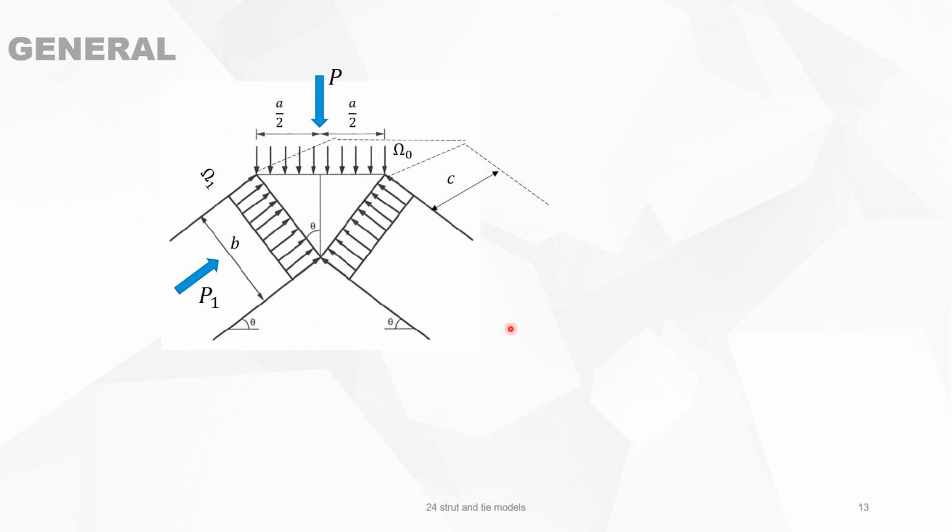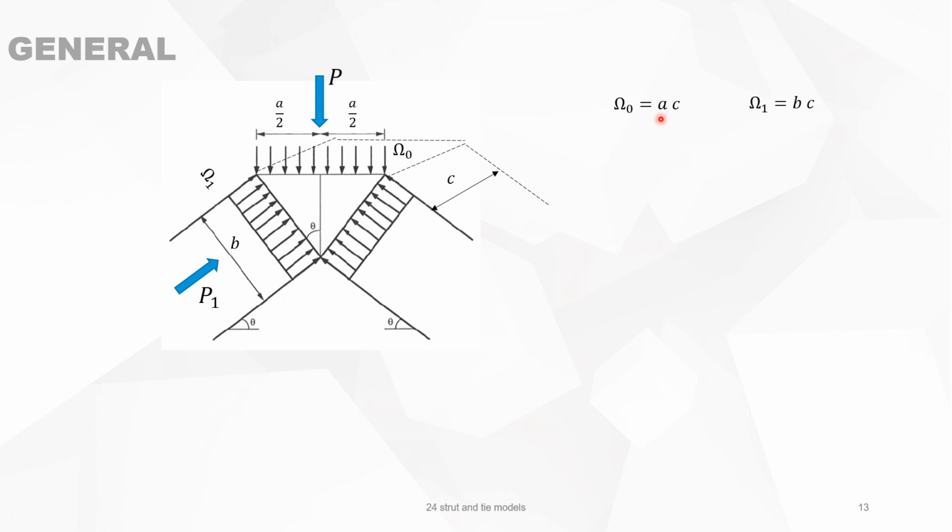Considering a node where two struts come together with the acting force, we consider the surface omega 0 equal to the distance A times the width of this foundation block or whatever.